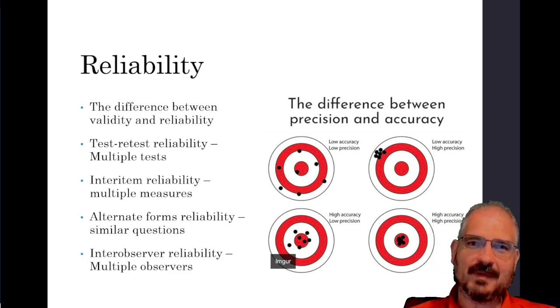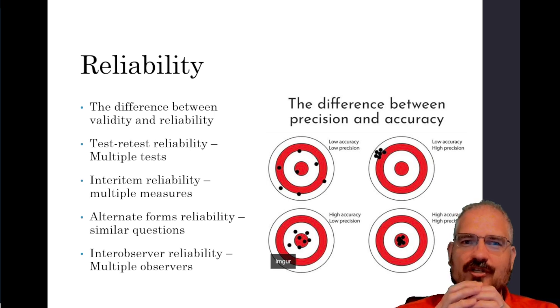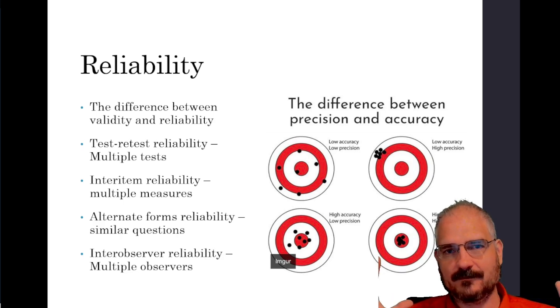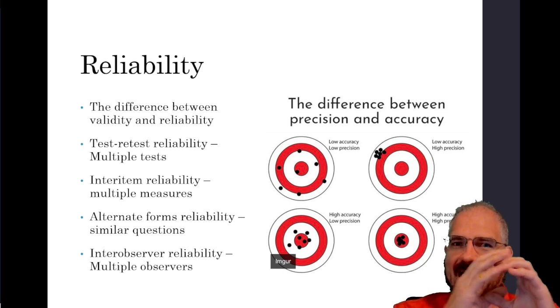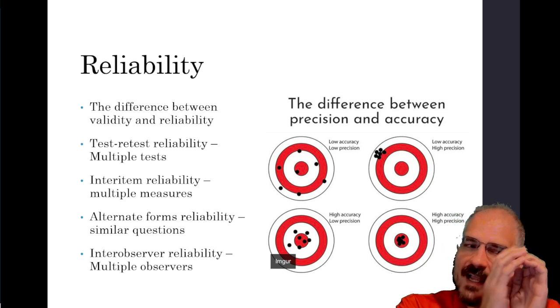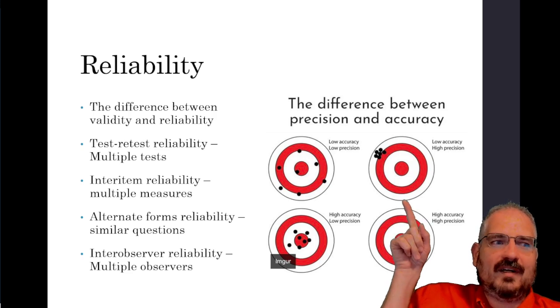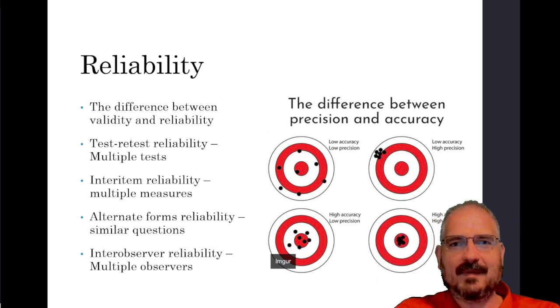High precision means all my shots are clustered together. Low precision means all my shots are spread out. And the two are different. I can have a nice tight cluster of shots, as this image shows, very close together, but not very accurate. So reliability is the same kind of thing.